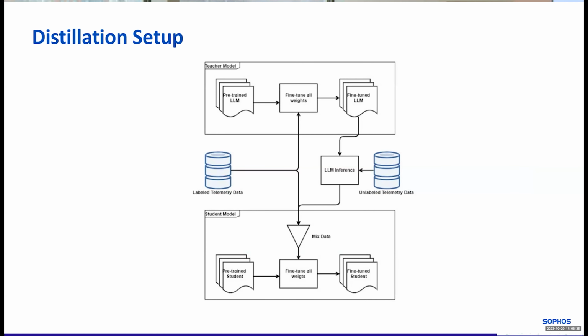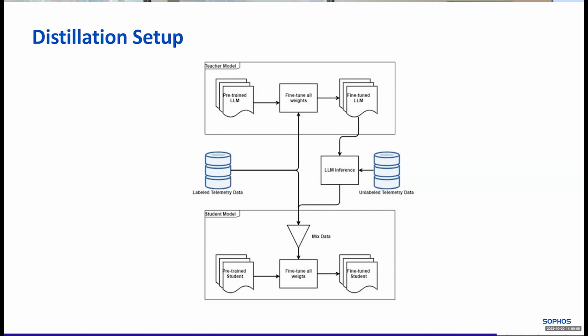So we have the labeled telemetry data that the analysts label for us. And for model distillation, you will need two models. One is the student model and the other one is the teacher model. So for the teacher model, we picked T5 because that happened to be best at the 10,000-ish sample region. And we fine-tuned all weights of a T5 large. And that concluded our teacher training.